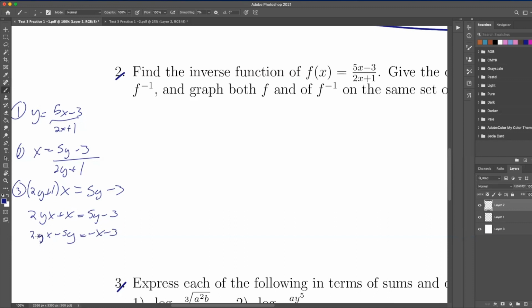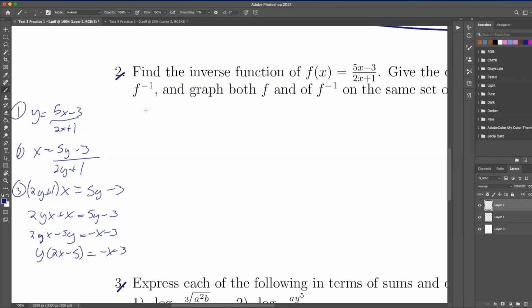And then we just pull out the y. So I'll have y times 2x minus 5 equals minus x minus 3.